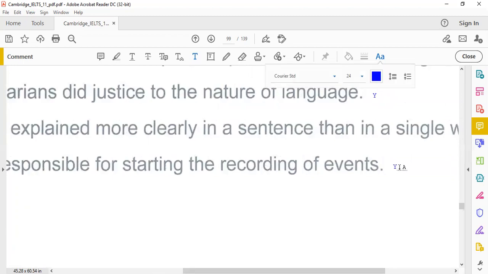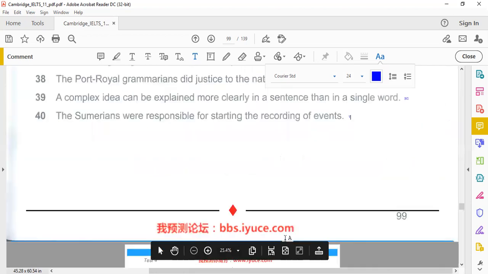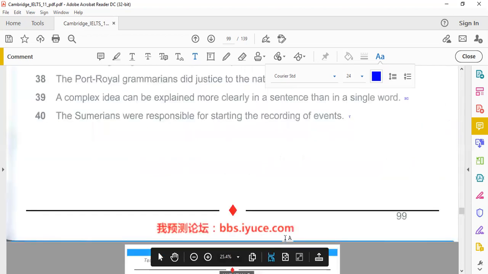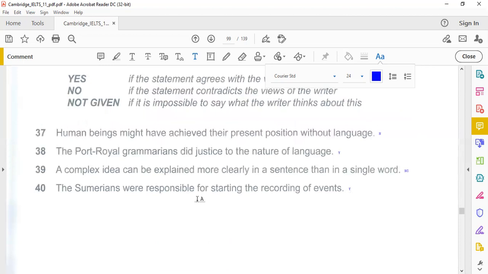Yes. So in this way, you see, we have completed the test, and later you will transfer the answers to the answer sheet. The answer sheet is also given, and that is the thing that you have to submit. This is what you have to do in your reading test.